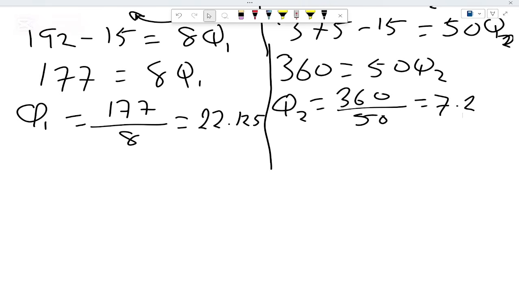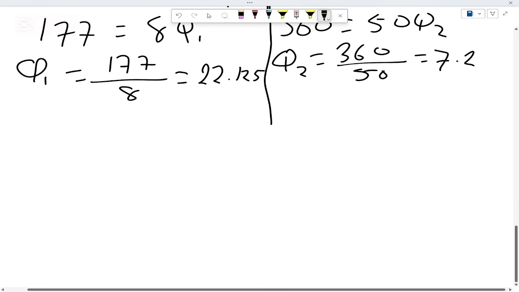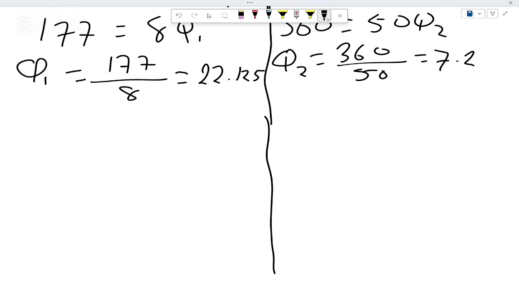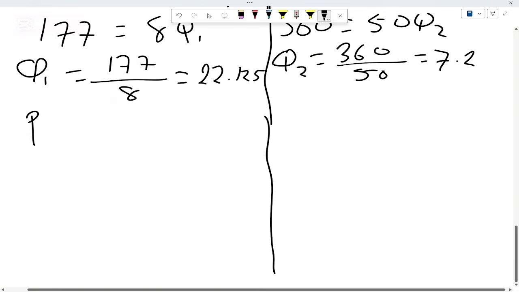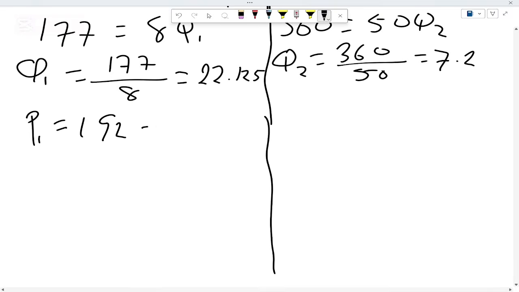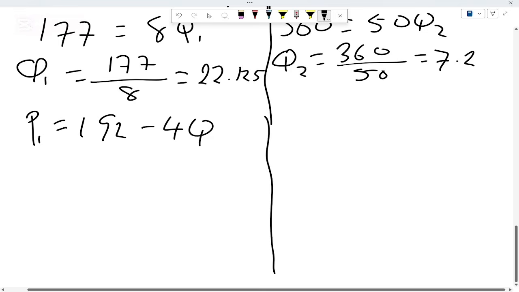But at what price? The units that will be sold at what price? So you have to now substitute the value of Q in the equation, in the price function. So you have P1 equal to 192 minus 4 Q1, where Q1 is 22.125.